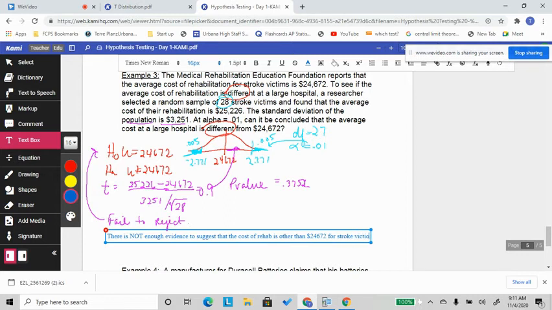I don't think these numbers are correct, but anyway. There is not enough evidence because we landed in white to suggest that the cost of rehab is not or other than the H0. Okay.